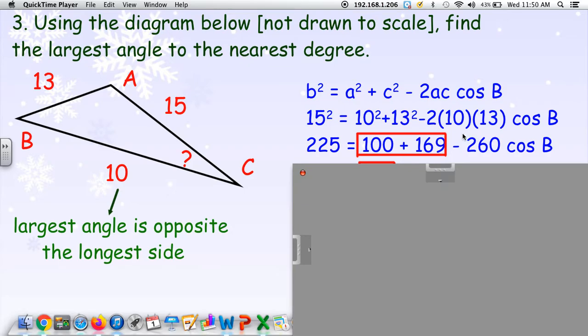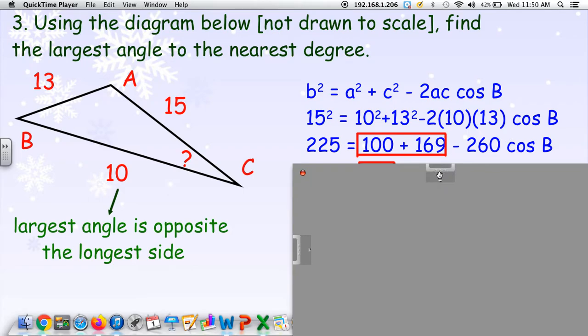So for this problem, I highlighted the like terms, my two numbers. This is not a like term because it has a cosine B, whereas these two don't. So think of it as 225 equals 100 plus 169 minus 260x. Nobody here would combine all three, so don't do this now with the cosine.